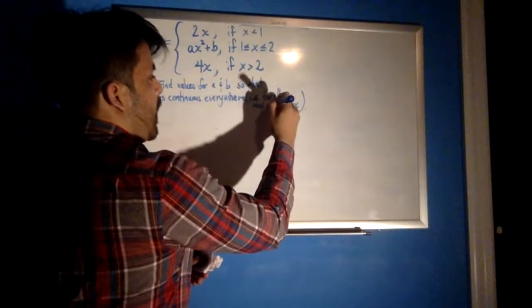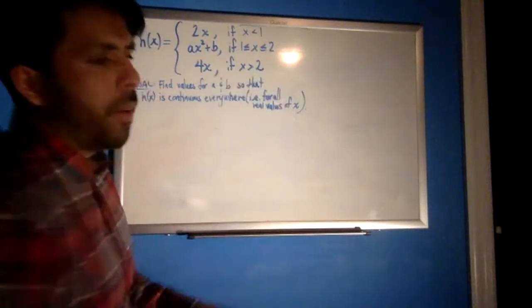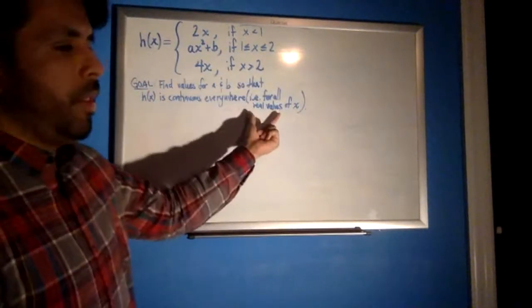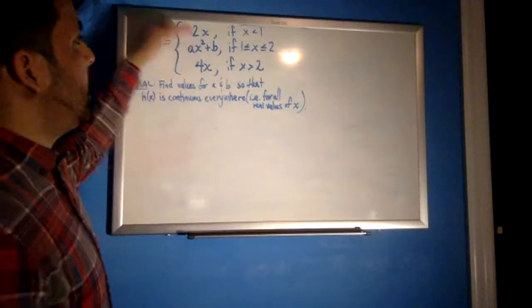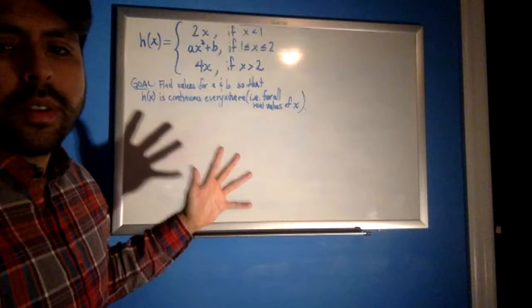Which means that if I plug in any real number for x, then my function is continuous everywhere, right?